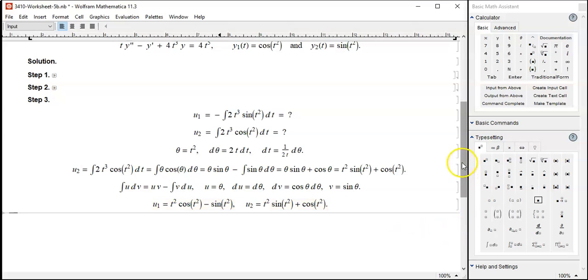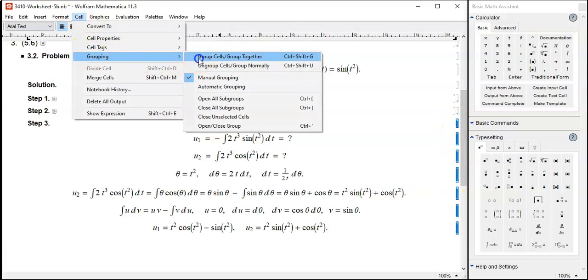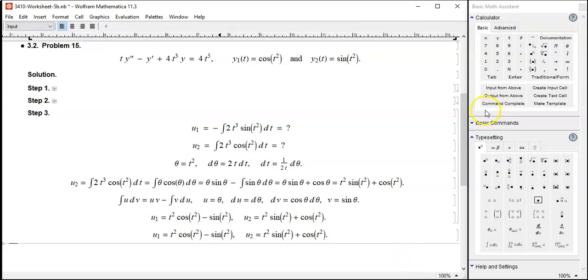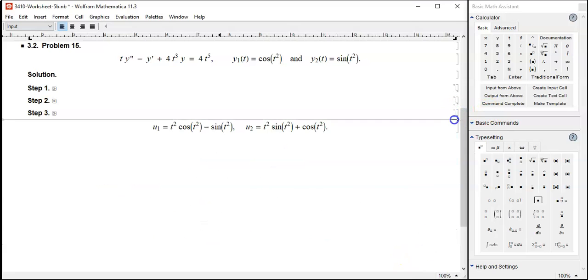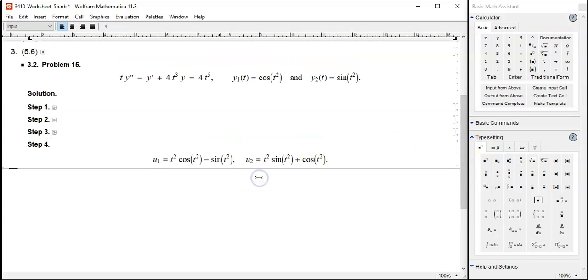So we have those u1 and u2. Let's copy this so that I can go over to the next step. And then let's go to step 4. We got u1 and u2.